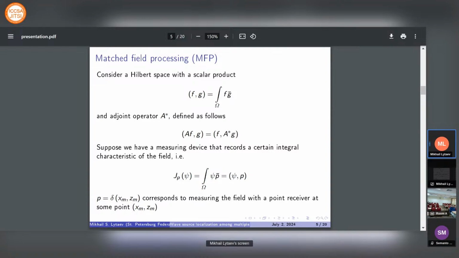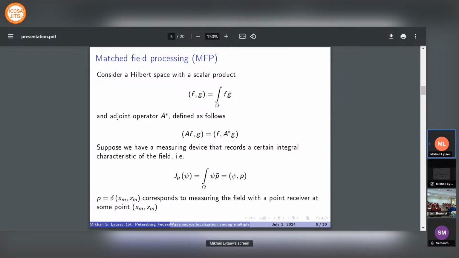We consider a Hilbert space with scalar product, and define an adjoint operator. Then we suppose that we have some measurement device that measures certain integral characteristics of the field.